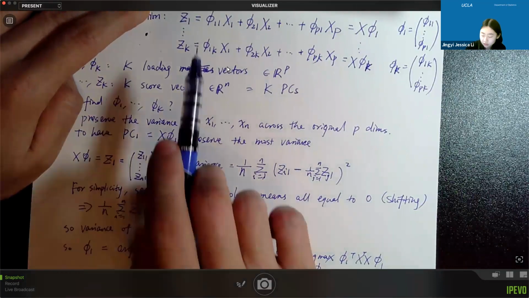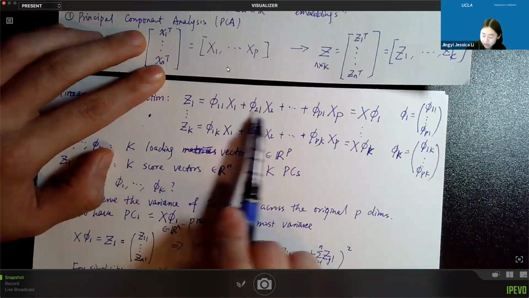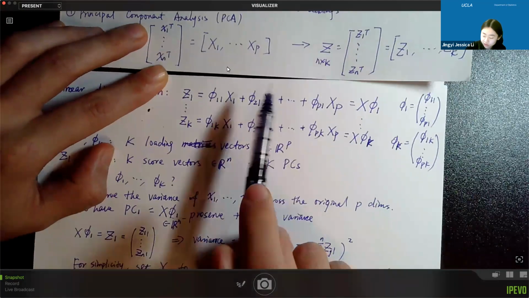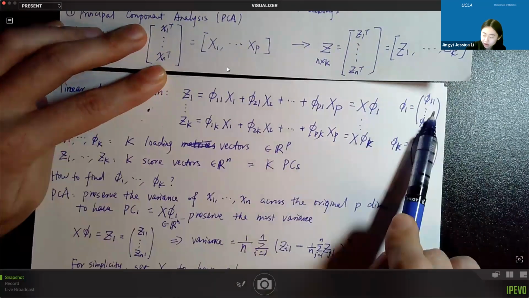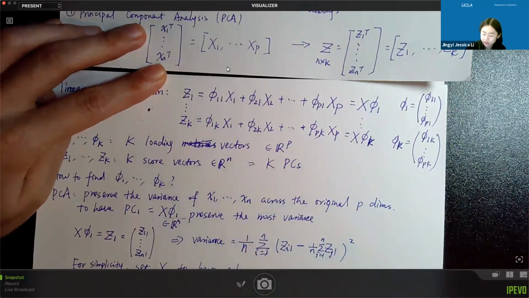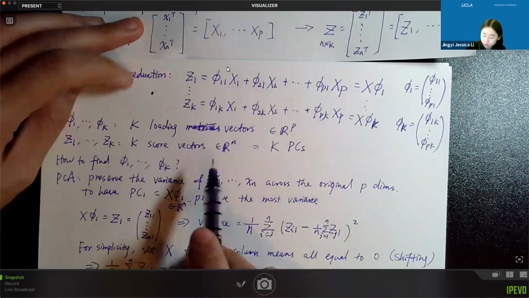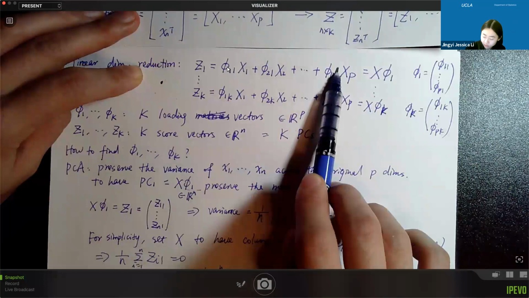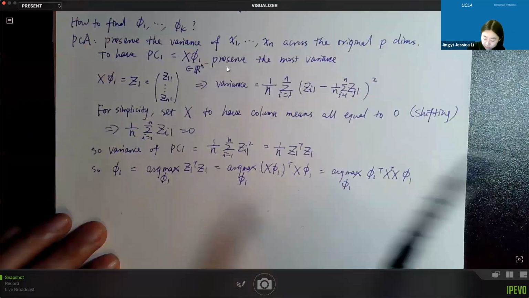Look at here. This phi 1 as a vector contains the p weights. So it's reasonable to require this phi 1 vector to have Euclidean norm 1, or L2 norm 1. That is, I require phi 11 squared plus phi 21 squared plus up to phi p1 squared to be equal to 1. So I add a constraint.